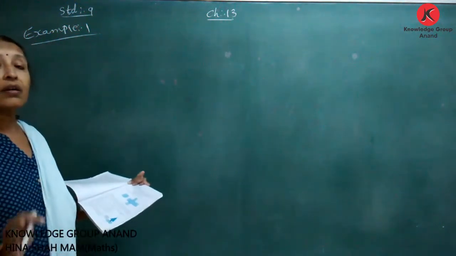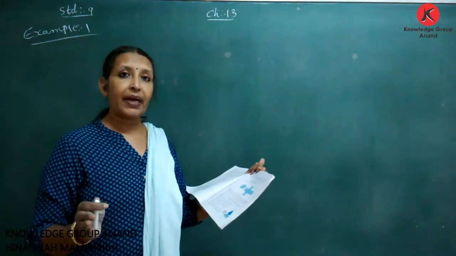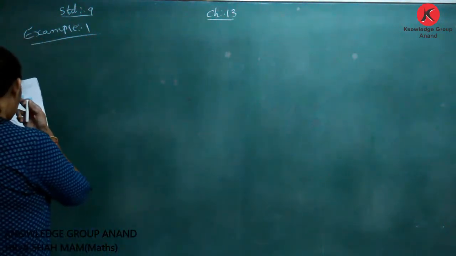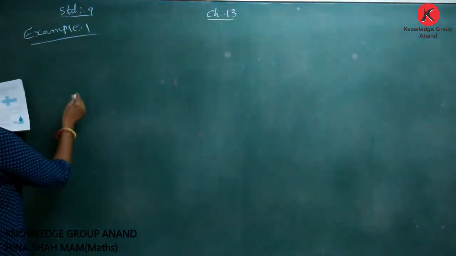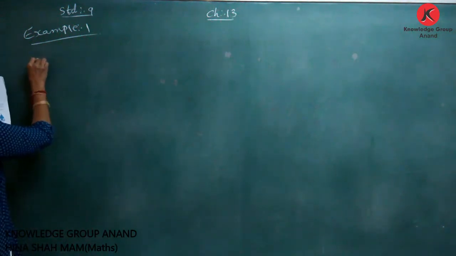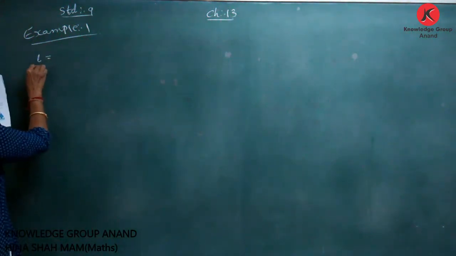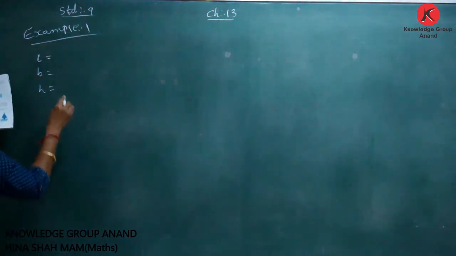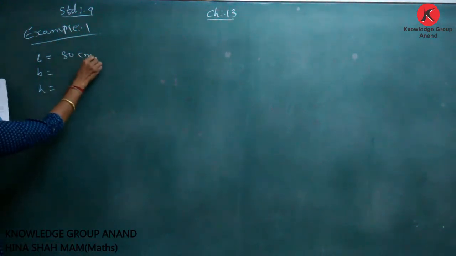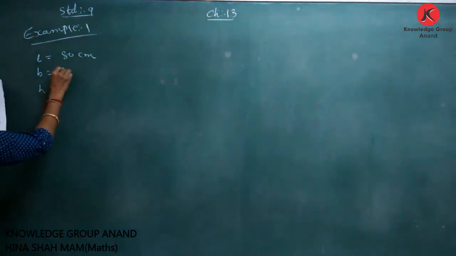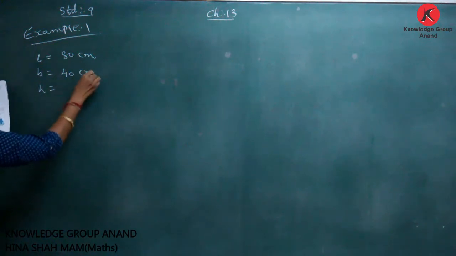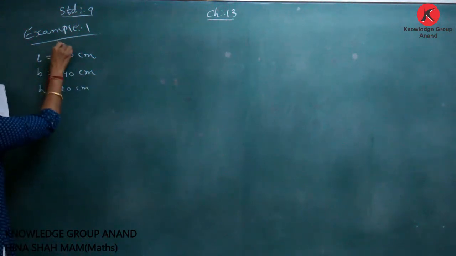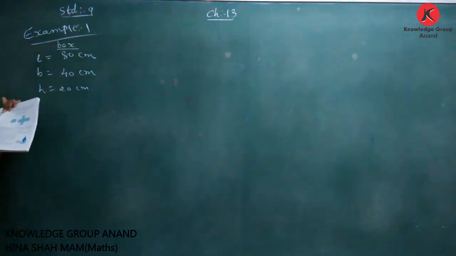In this question, Mary wants to prepare a Christmas tree box. Length is 80 cm, breadth is 40 cm and height is 20 cm.